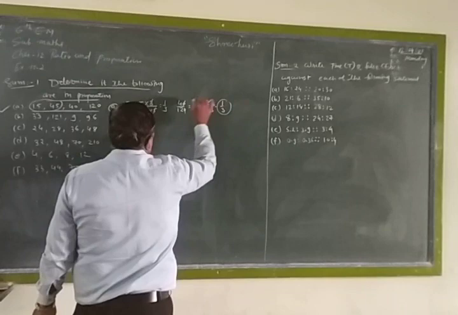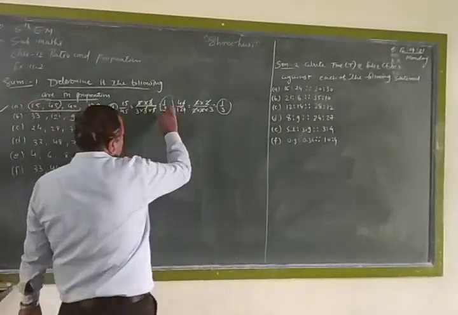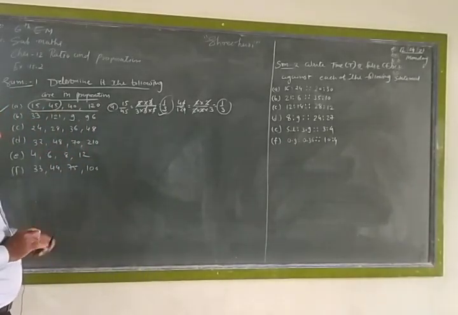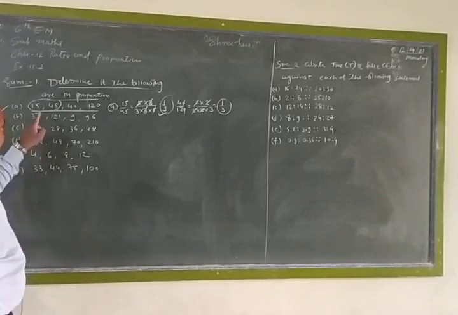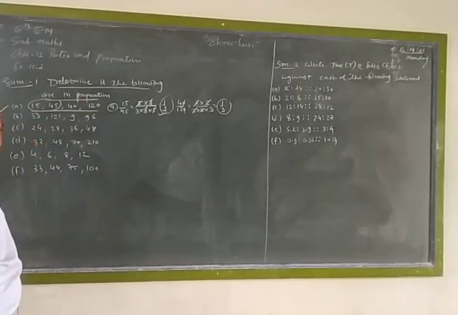So this is 1 upon 3 and this is also 1 upon 3. So the reduced forms of 15 upon 45 and 40 upon 120 are the same. So these numbers are in proportion.